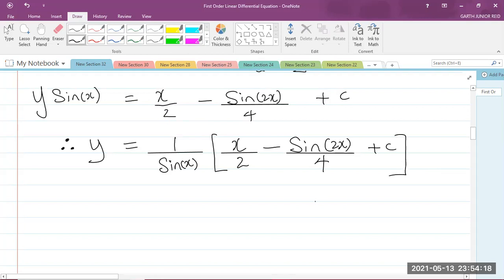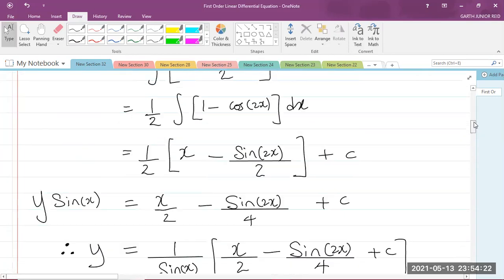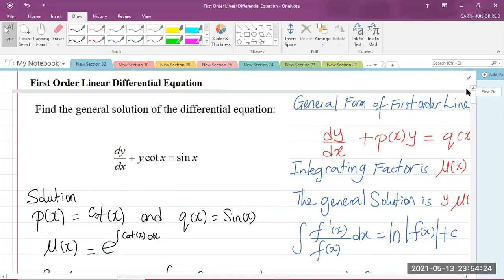Okay, that is my general solution for this first order linear differential equation.